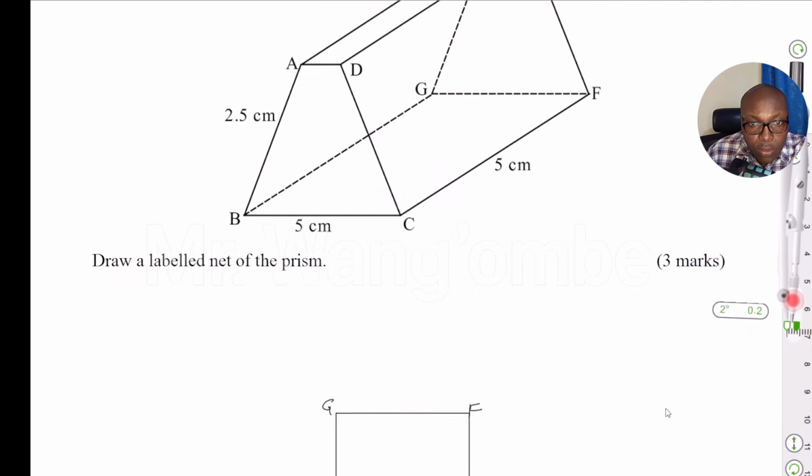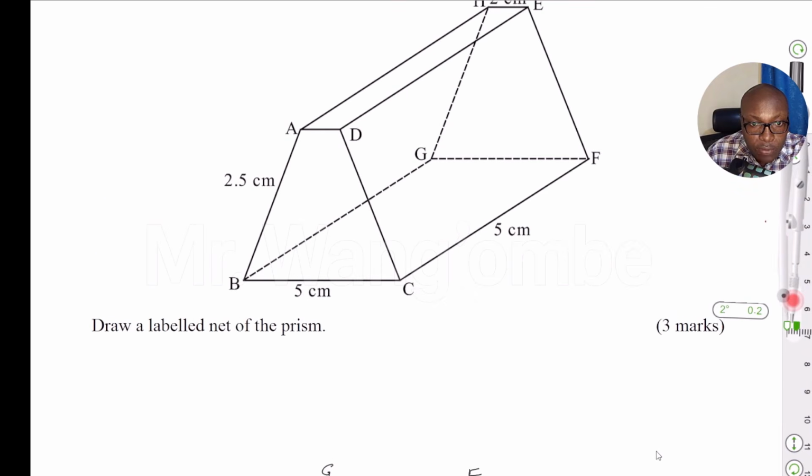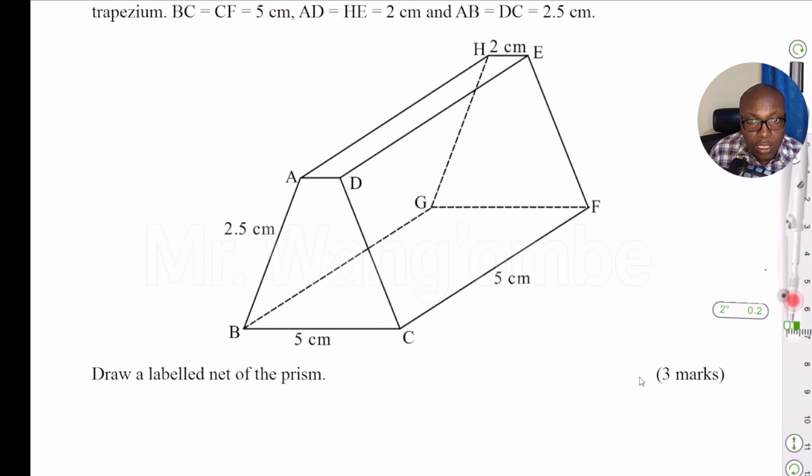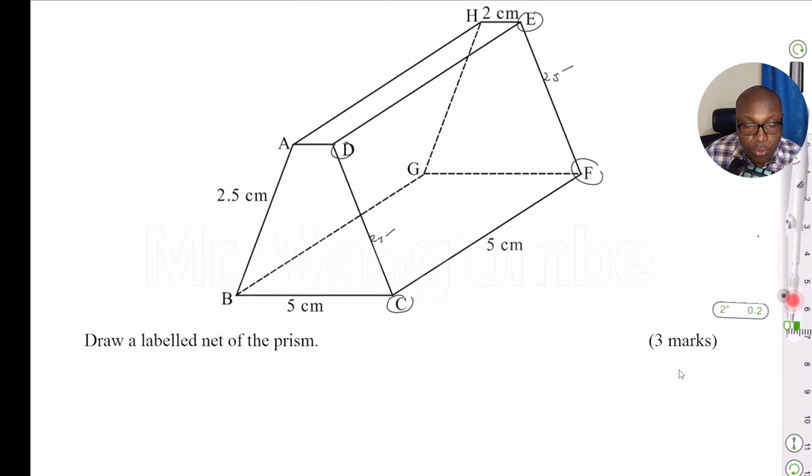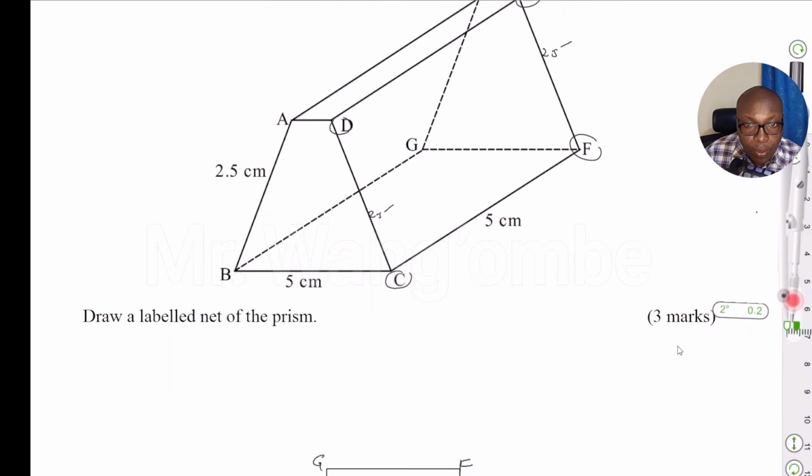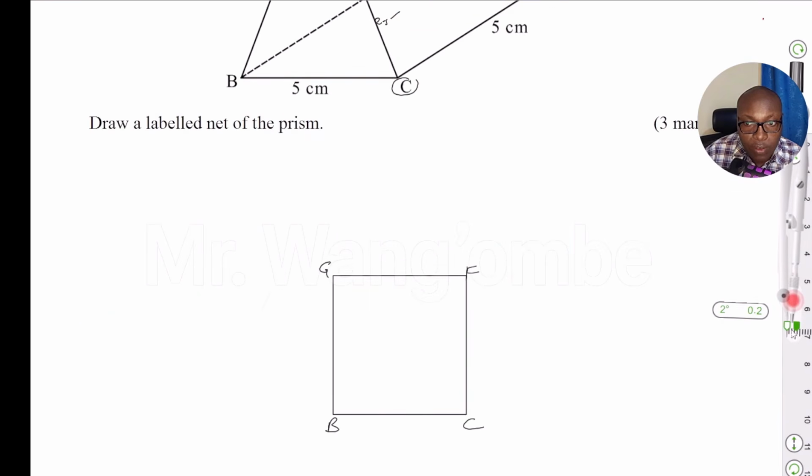Now there is another face I want to extract. Look at this face, CDEF, where this is 2.5 and this is 2.5. I want to have that plane. When I open that, it will go to the right. So I have to measure. It will measure 5 centimeters by 2.5 by 2.5.